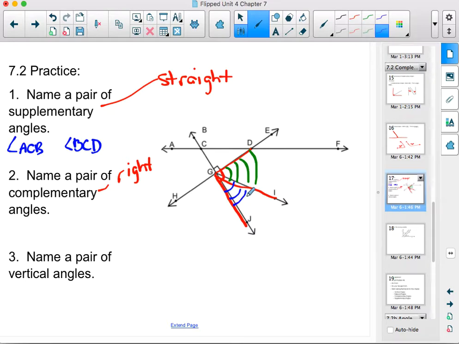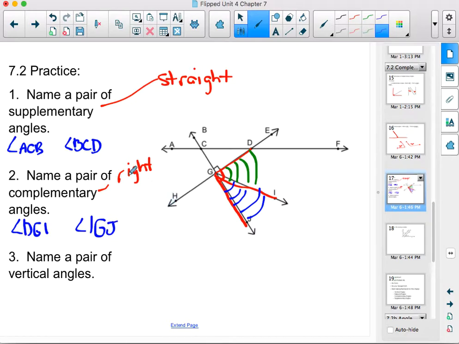There they are. Those two angles are going to be complementary because when we put those two angles together, they form a right angle on the outside edge. So my example of a pair of complementary angles are angle DGI and angle IGJ.